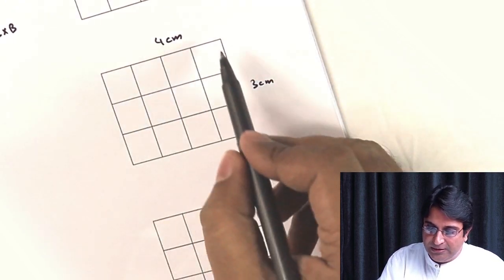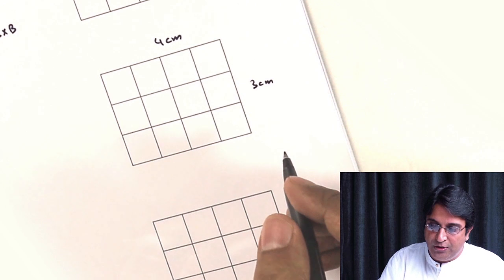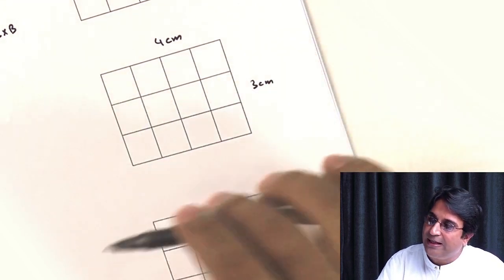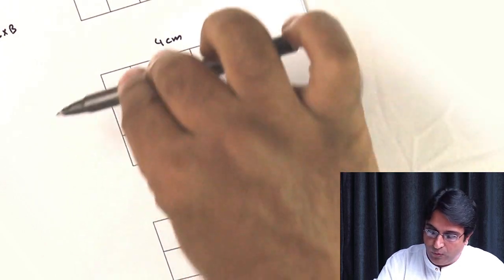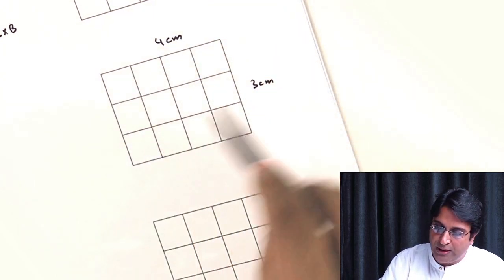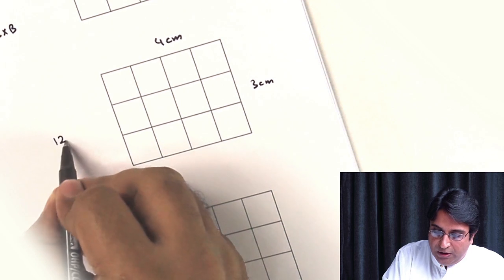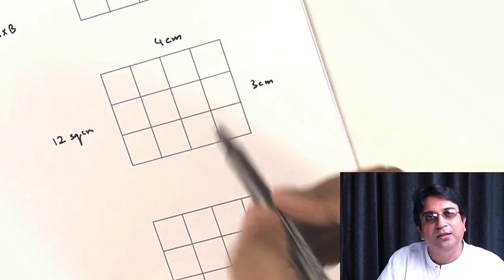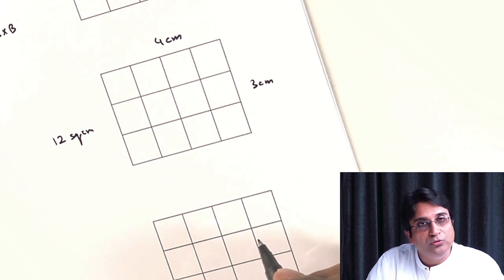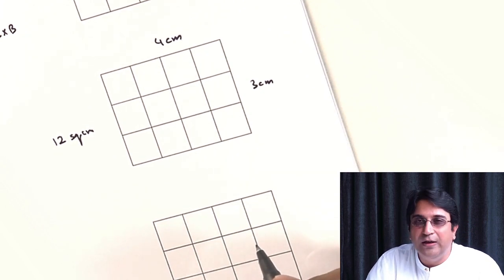So this is 4 centimeters and this is 3 centimeters. So how many squares will be there inside this? 4 and then 3 such rows. One row has 4 and you have got 3 such rows. So 4 times 3. So this will be 12 square centimeters. Again, you can see the formula length times breadth works pretty well. And it is good to use the formula, but we should understand where the formula has come from, what is the origin of the formula.